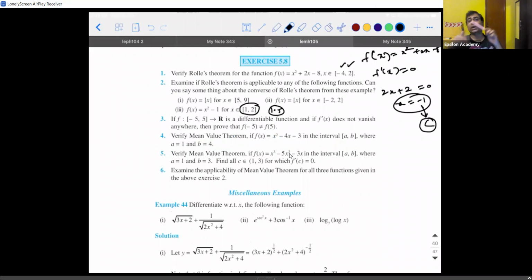Can I say that the vice versa is true? That is, if I am able to find a point between 1 and 2 where f dash of x is equal to 0, then can I say that x square minus 1 is continuous? Then can I say x square minus 1 is differentiable? And can I say that f of a is equal to f of b? That's what the statement says. That is the converse. Unfortunately, in all the three scenarios, the converse is also not true.